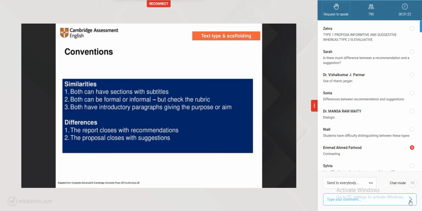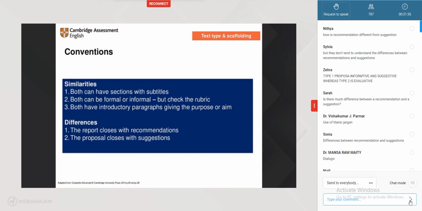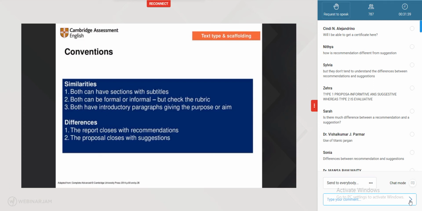Whereas a report is looking at something as it is and then making recommendations. Proposal, probably to be used in a context much more in the future, if you see what I mean. Is that clear? Yeah. I think that's the biggest thing. Recommendations versus suggestions. Okay.